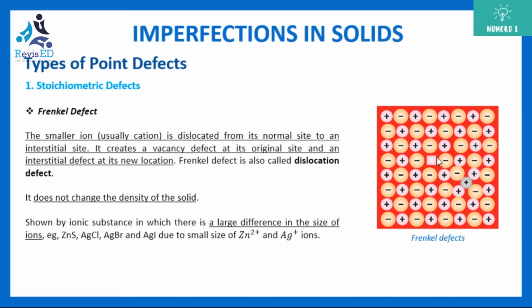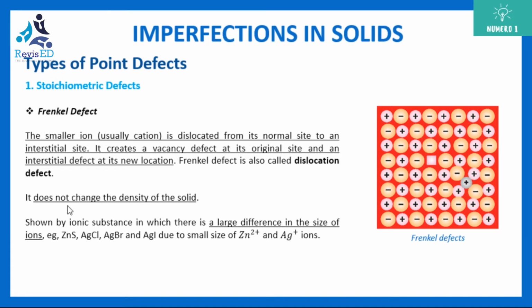If you see here, in this structure the positive charge here is missing. That's a vacancy, but this positive charge occupies this site here, that is your interstitial site. So it creates a vacancy defect at its original site and an interstitial defect at its new location.